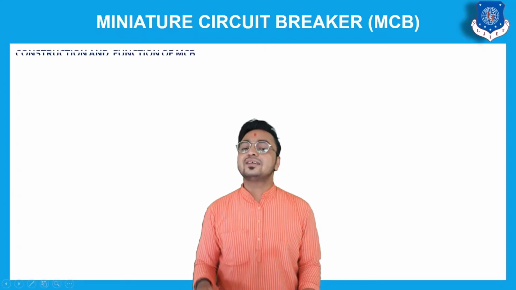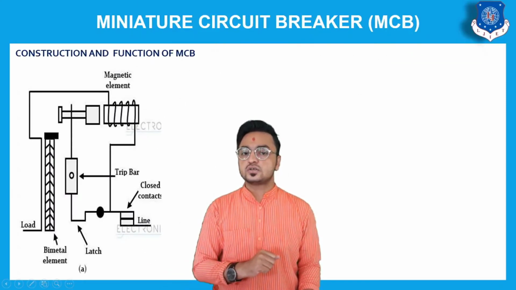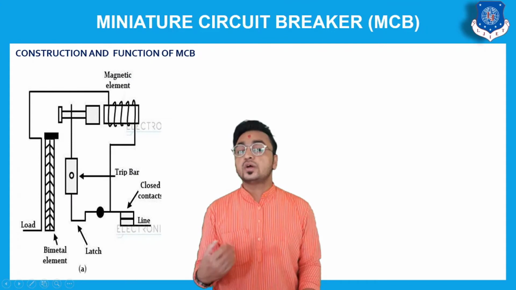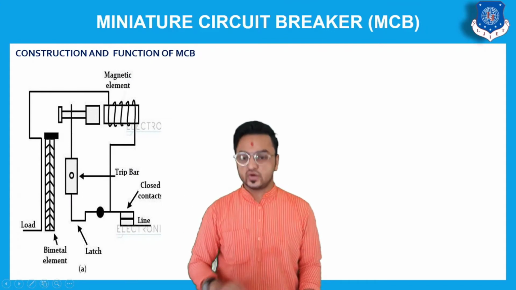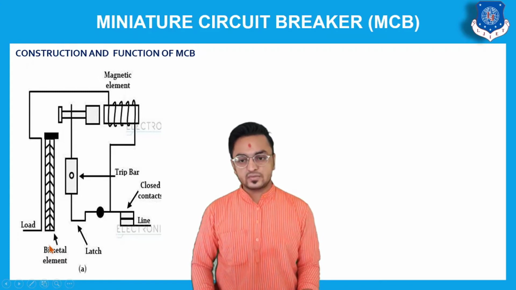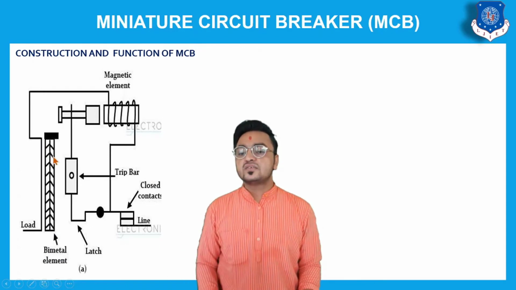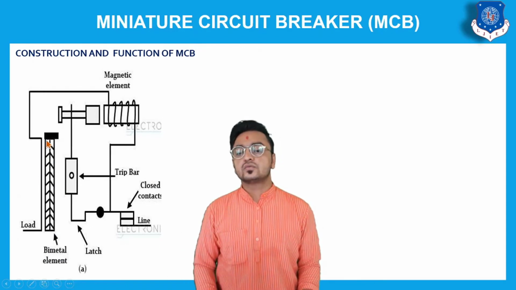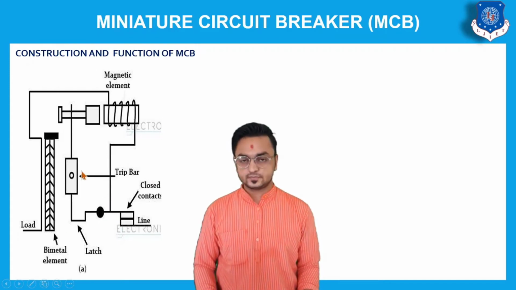Now, let's discuss the second type of function for MCB, how it will operate in the second way. For that, this is again the same structure with a bimetallic strip element. As we discussed previously, when this is heated, it will push this contact and that will break the circuit over here.